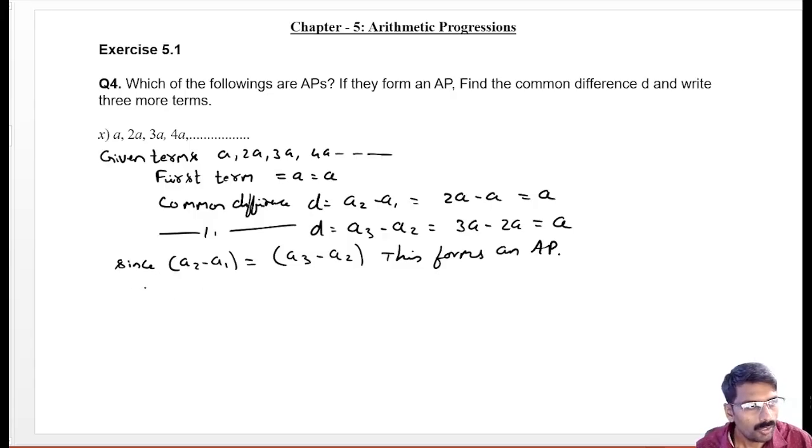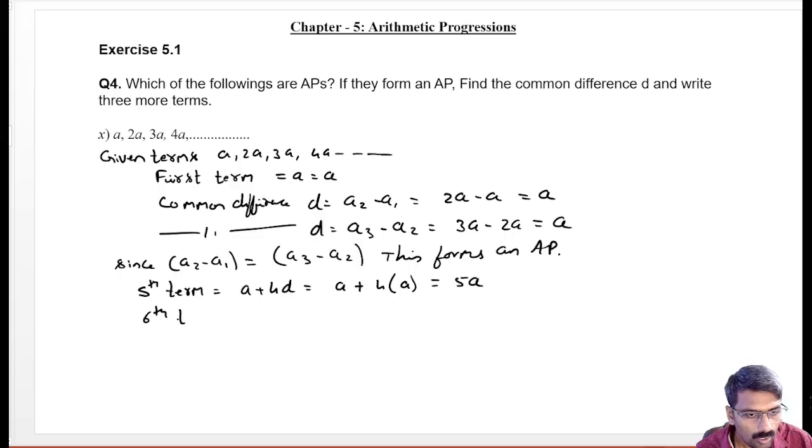We need to find the next three terms, that is fifth term will be equal to a plus 4 times d, that is equals to a plus 4 times a, that is equals to 5a.